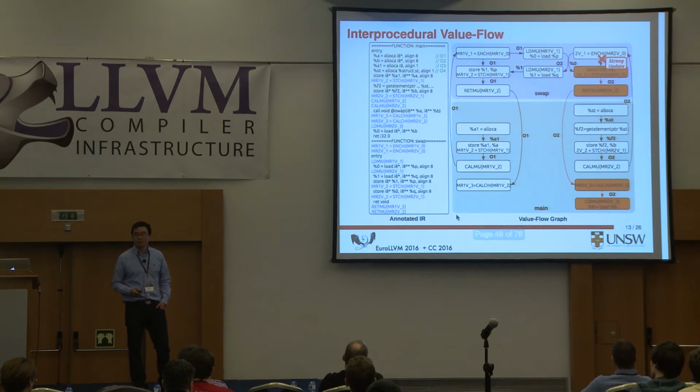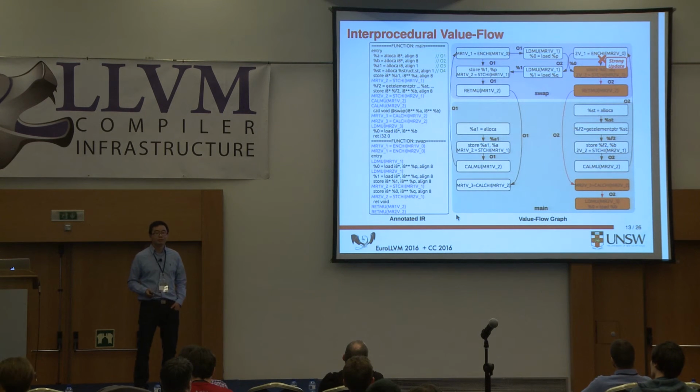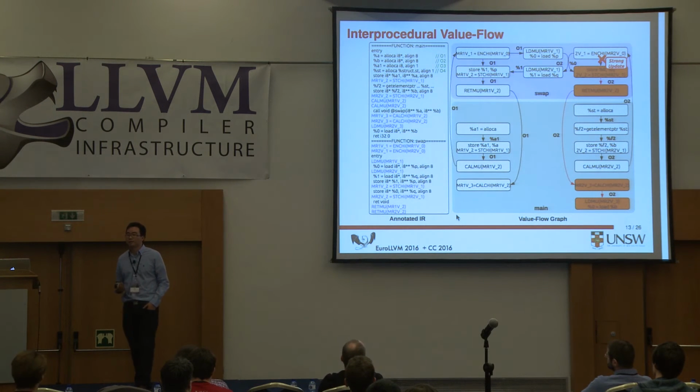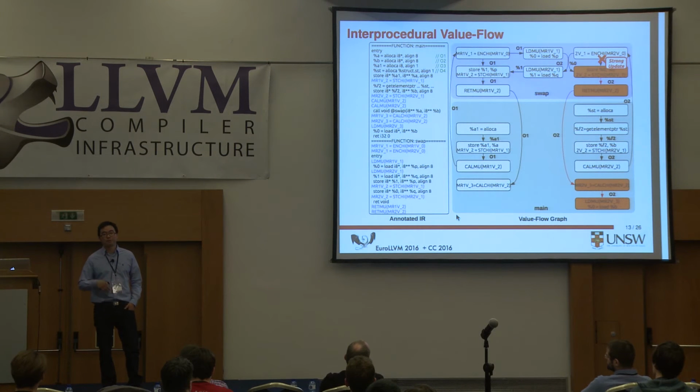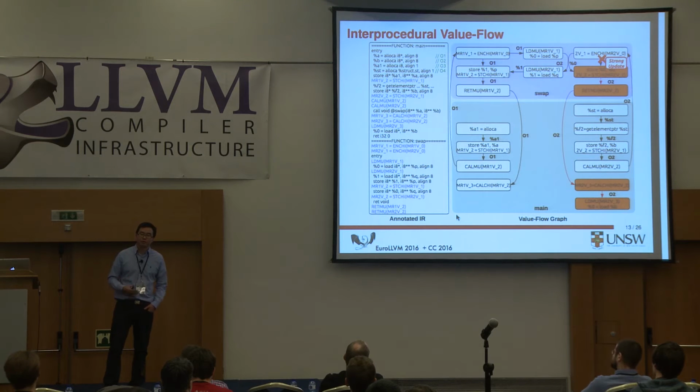Interestingly, when we arrive at this store node, there are two choices for tracing backward. One is to follow the value flow from the previous value. Another option is to trace back from the right-hand side of the store statement.